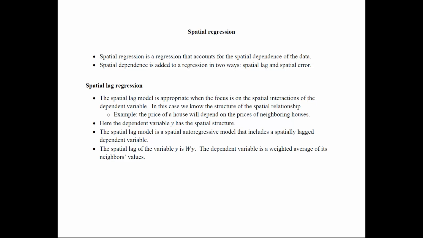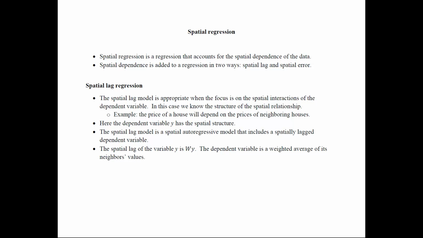Next, I will talk about the two spatial regression models. These are regressions that would account for the spatial dependence of the data. And the spatial dependence can be added to a regression in two ways, using spatial lag and spatial error models. So first I will talk about the spatial lag regression.